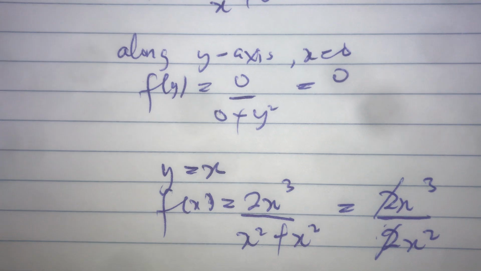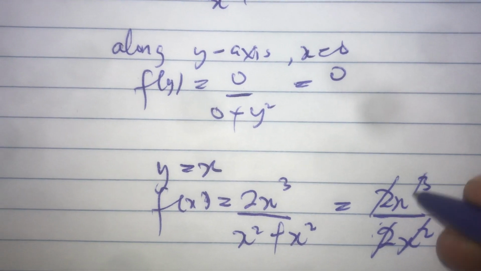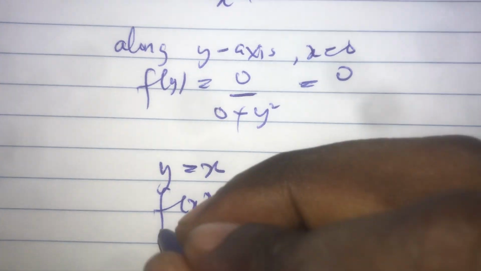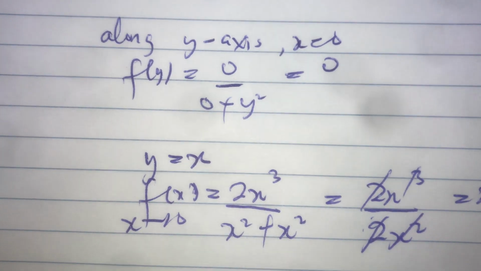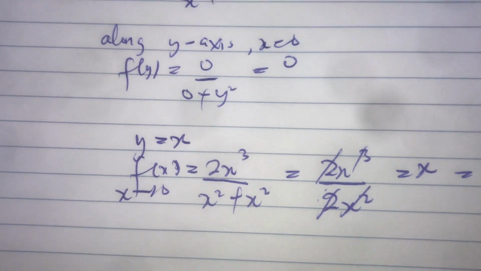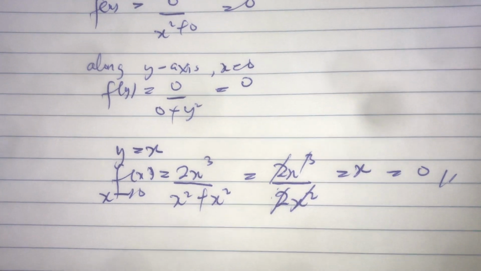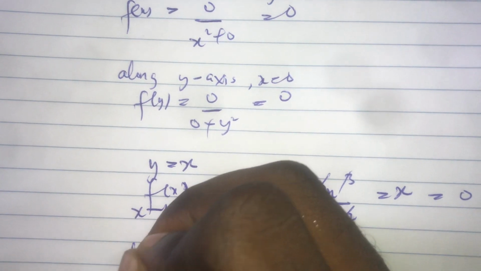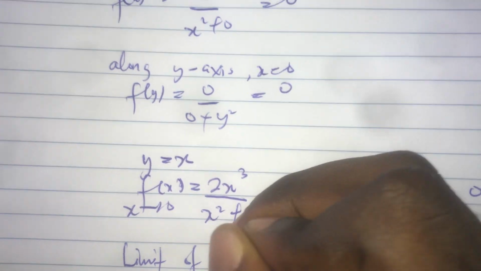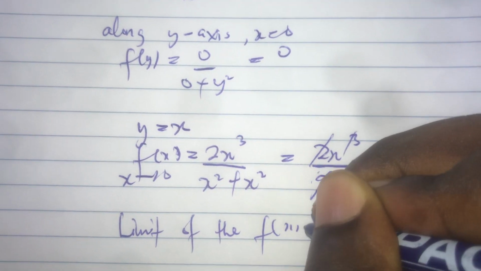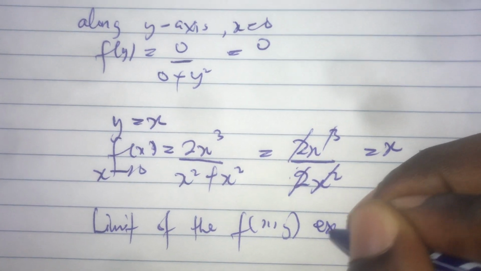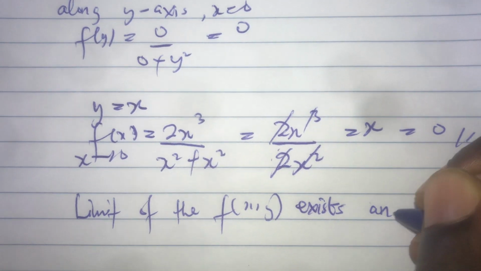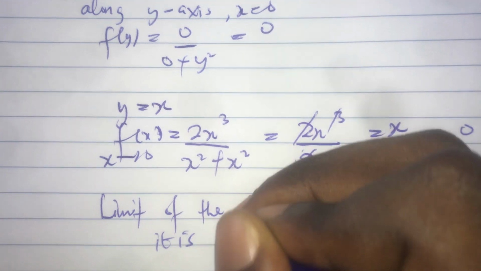So 2 cancels 2 here, leaving x, and x is approaching 0. So here, from our third pathway, we had our limit equal to 0. So we can conclude that the limit of the function exists and it is 0.